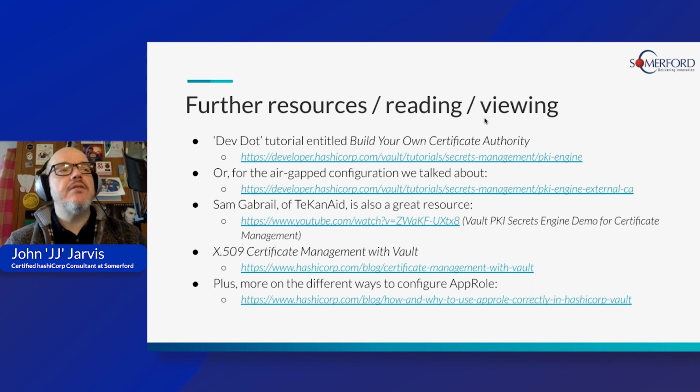There's also, it's not necessarily just HashiCorp, I like Sam Tekanade's stuff. That video is a little bit old, but it's still really good. It runs through a demo of basically building it all up, much like in the HashiCorp demos, with Terraform as well, which is kind of neat. And then there's been a revamped blog post. It is a blog post, but it's really step by step on the certificate management stuff that we've been talking about. It really runs you through the whole thing, so you can set it up yourself.